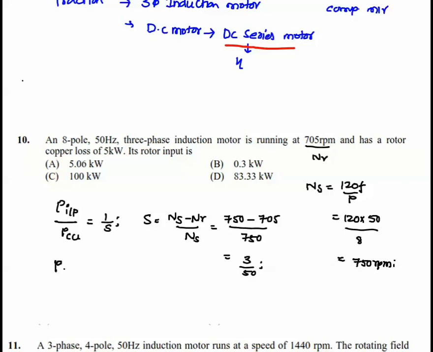So power input is equal to 1 by S, that is 50 divided by 3, into the copper losses of 5 kilowatts. By solving this you will get 83.33 kilowatts.